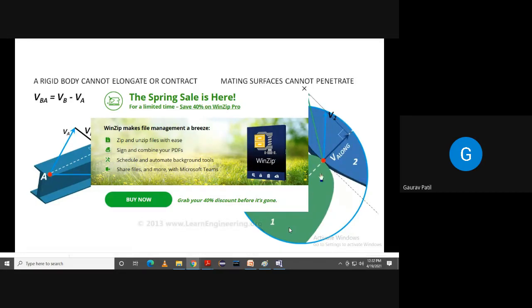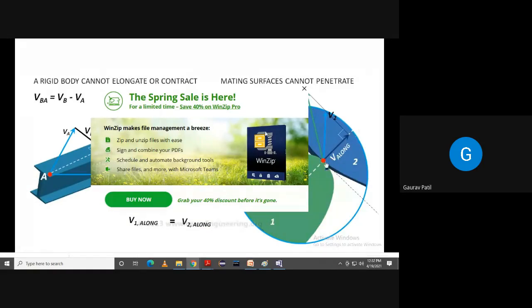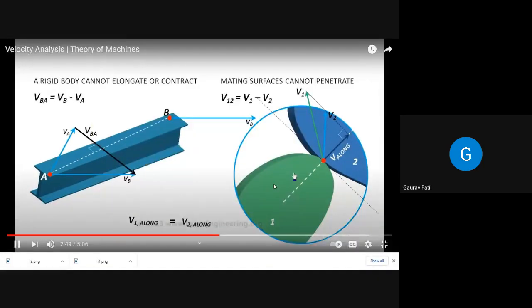If velocity component of 2 is less than velocity component of 1, then the surfaces will penetrate. If the opposite is the case, surfaces will detach. Both these cases are not possible for mating surfaces. So velocity components of one and the other should be equal. Taking the vector difference of v1 and v2, it should have no component along the common normal. So the relative velocity should be perpendicular to the common normal.